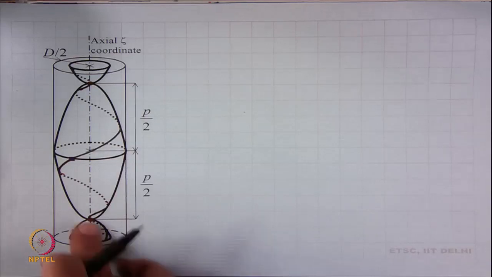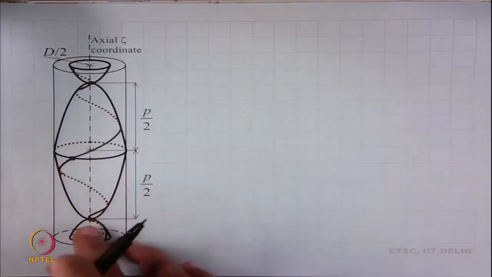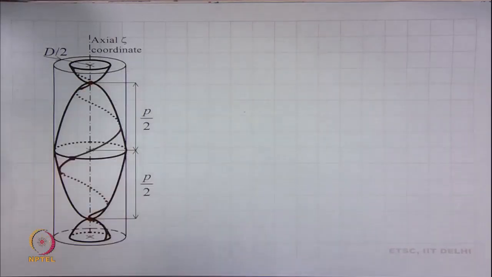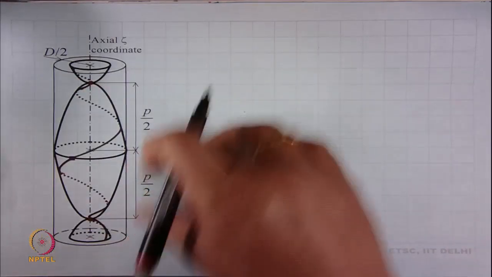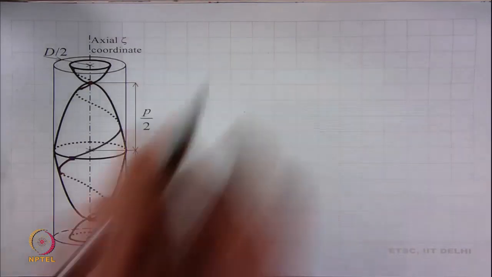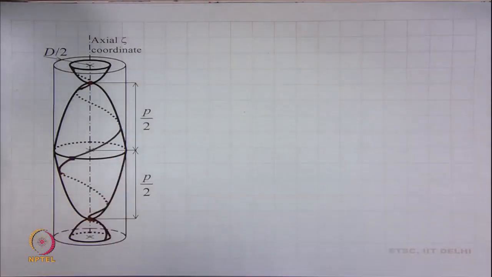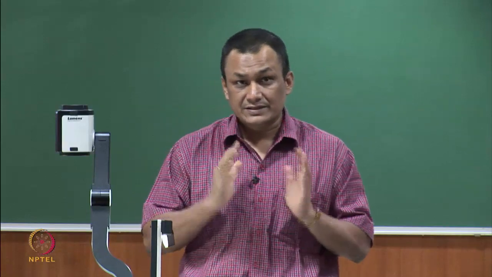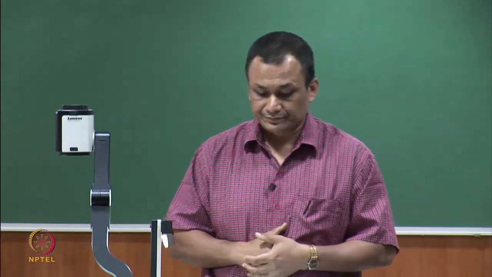So, this path of fiber is parabolic one, and this distance is p by 2, this distance is p by 2. So, this is the total period of migration p. So, as per Taylor's model, you can imagine how is the fiber path inside the yarn. It basically resembles a parabola.